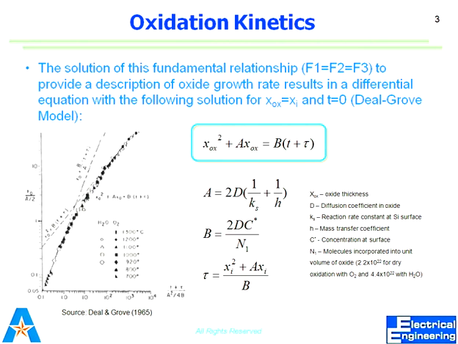When we put the wafer inside the furnace for maybe 10 hours, there would be a very thick oxide layer. In that case, I come up with X oxide square is equal to BT.